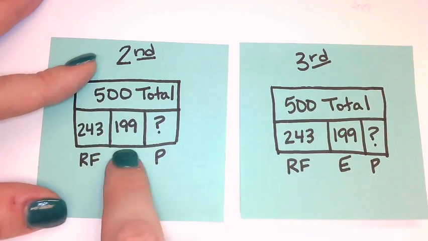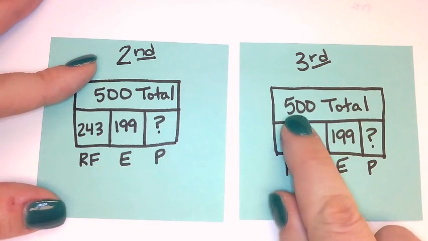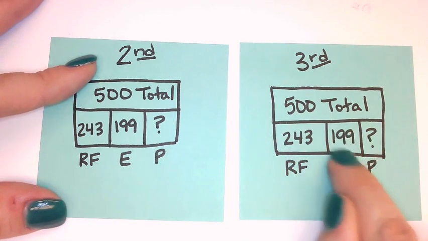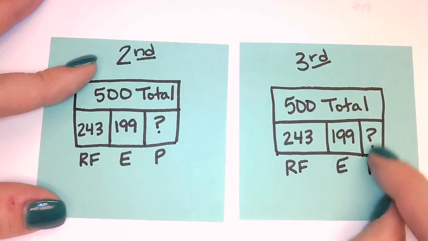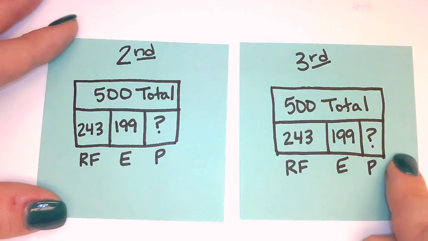So over here, these are all equal, but really 243 is almost half of 500. And then we have almost 200 more here. So we would be able to very quickly reason about the size of my answer, which will help me to know if my answer is reasonable.